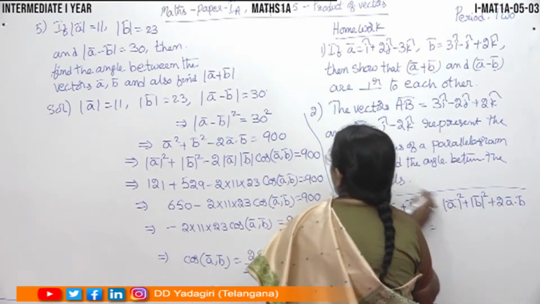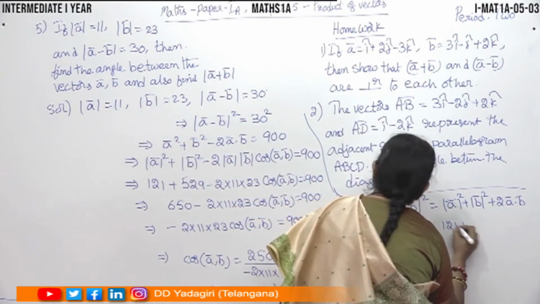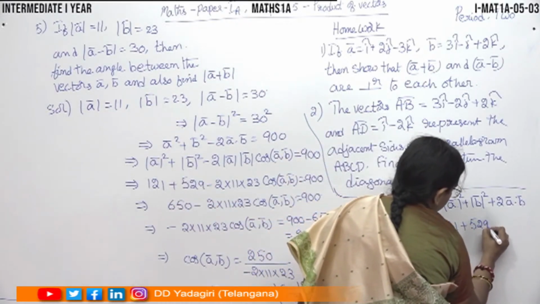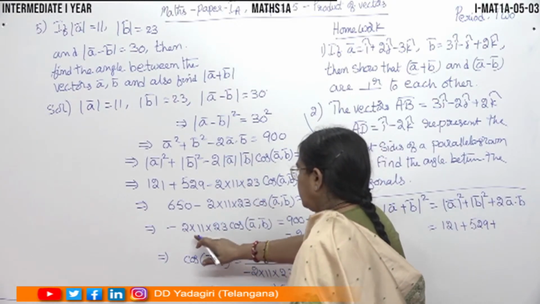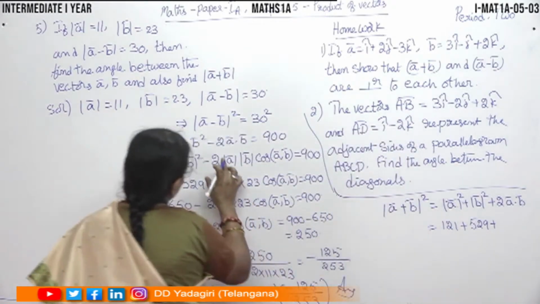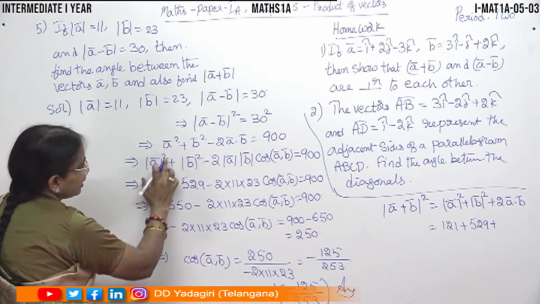So what is mod A square? 11 square, 121, plus mod B square is 529, plus 2A dot B. Actually, 2A dot B you can find like this.